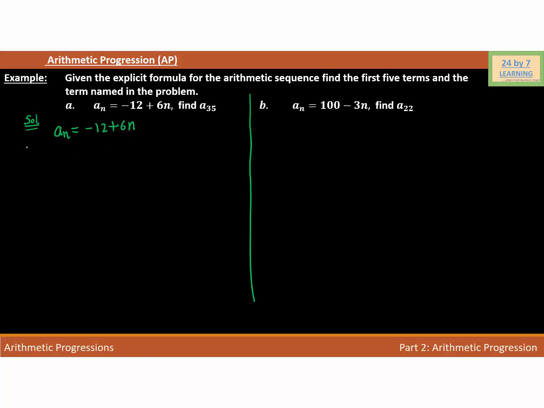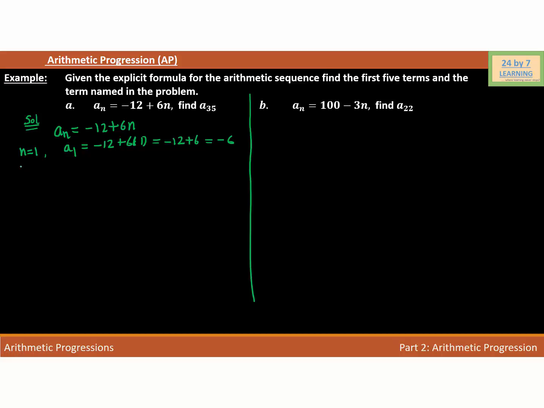I'm going to take n equals 1, and I have my first term, a1, which is equal to -12 plus 6 times 1. 6 times 1 is 6, so -12 plus 6 is basically -6. My first term is -6.